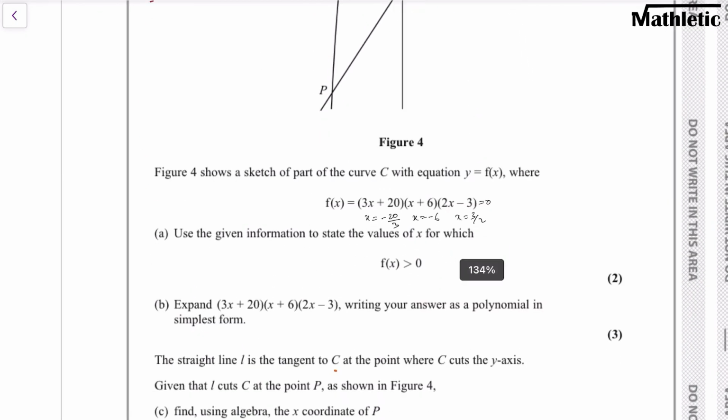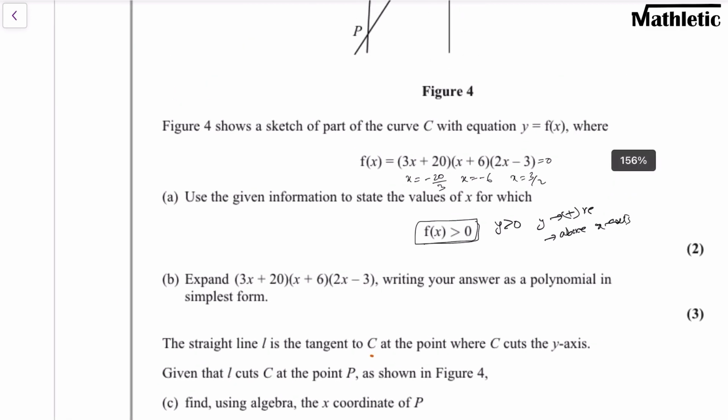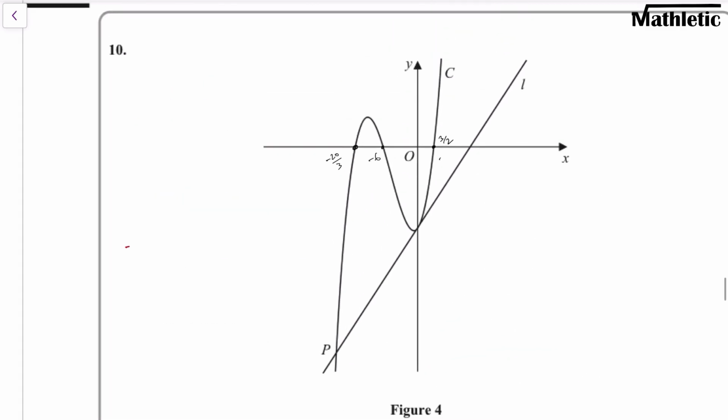We need to consider the curve above the x-axis, because f of x greater than 0 means y greater than 0, means y has to be positive, and y is positive above the x-axis. So the portion above the x-axis is this part and this part.